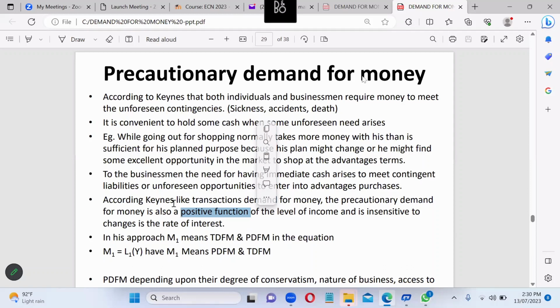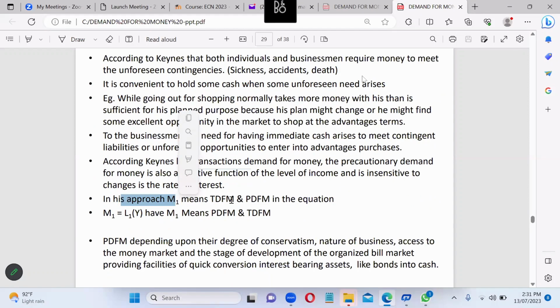In his approach, M1 means TDFM, transaction demand for money, and PDFM, precautionary demand for money. So TDFM and PDFM have a positive relationship. This is the main thing he explained.